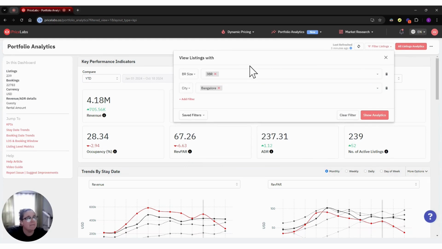That way you can keep an eye out in a more specific way. Maybe having 4.18 million in revenue isn't super useful to you to see that big of a number, but seeing that data spread out and focused in on a specific bedroom category or city is a little bit more useful to you.